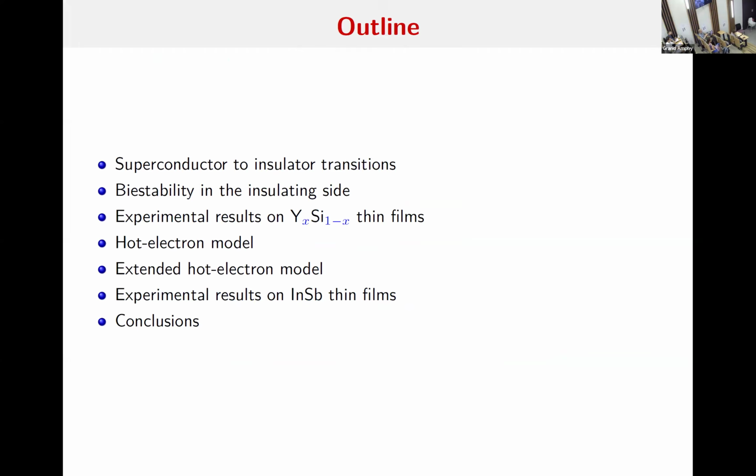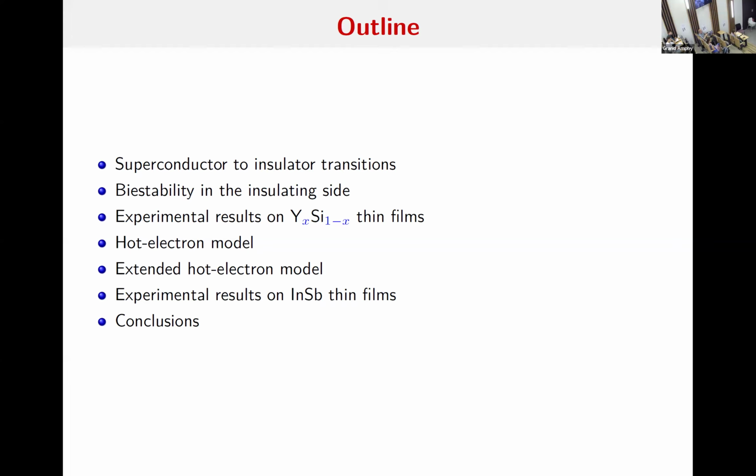We work on the superconductor to insulator transition, but mainly on the insulating side. So everything I'm going to say today is about the insulating side, where I've been working for many decades. Specifically, I'm going to concentrate on the bistability that hasn't been studied very deeply.